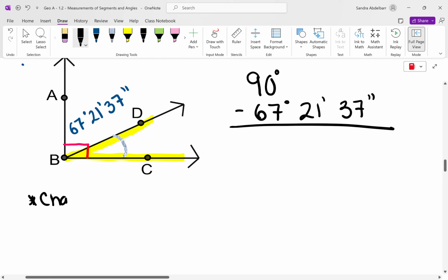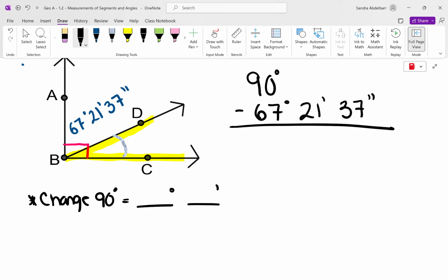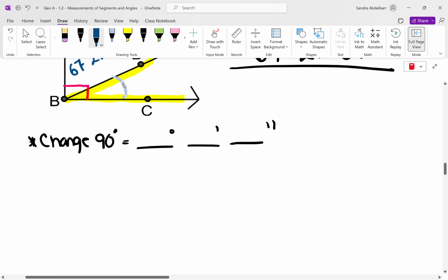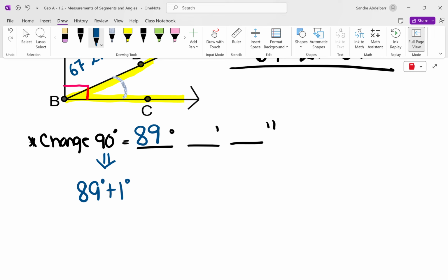So we had some practice with that. So I'm going to change 90 degrees into degrees, minutes, and seconds. Remember what we had done. We're going to take that 90 and split it into 89 degrees plus 1 degree.